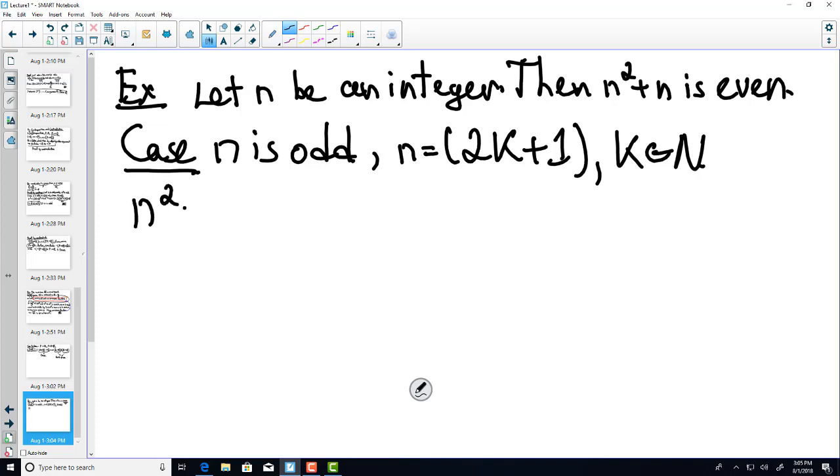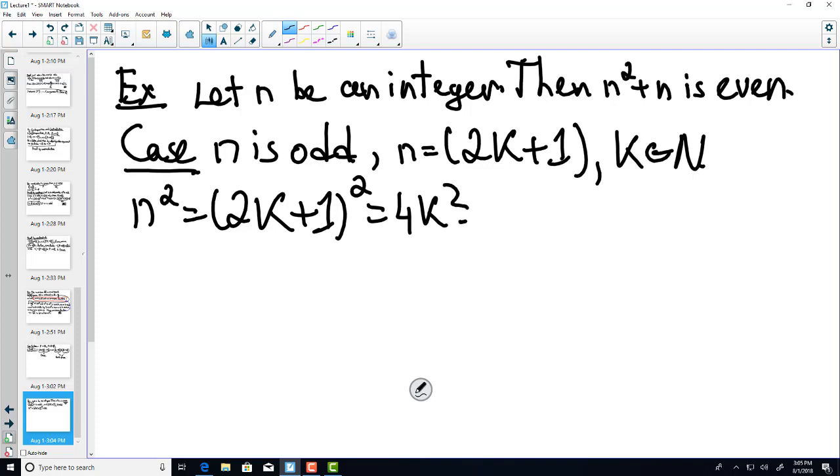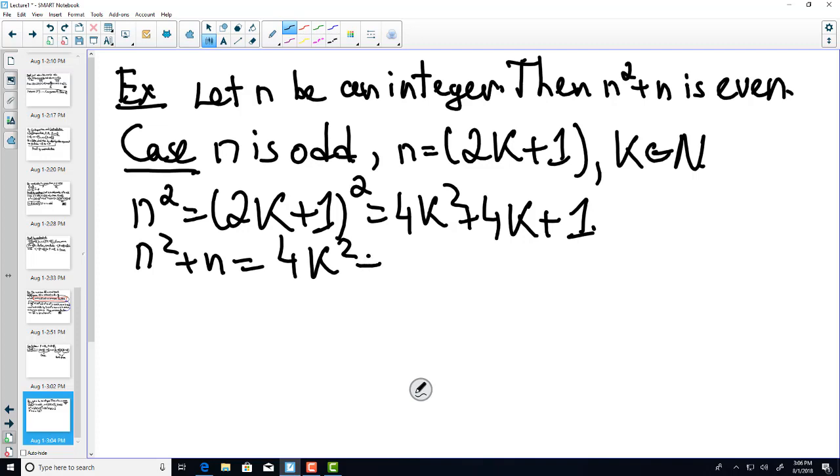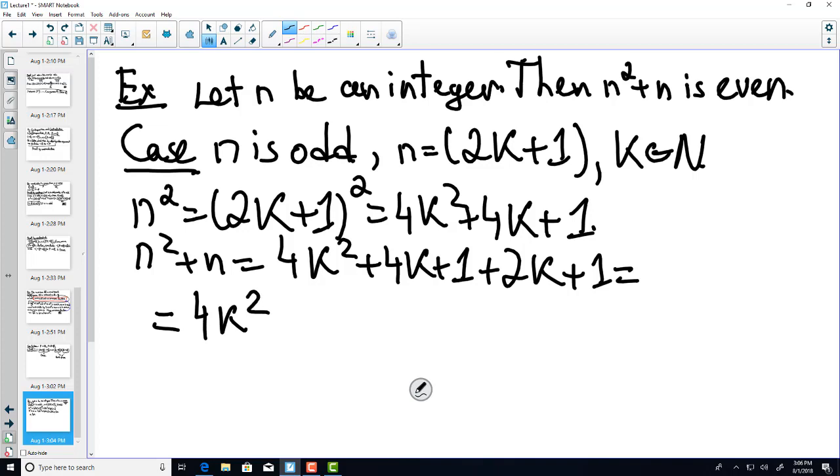and n squared is (2k plus 1) squared, which is equal to 4k squared plus 4k plus 1. And n squared plus n is equal to 4k squared plus 4k plus 1 plus 2k plus 1, which is equal to 4k squared plus 6k plus 2.